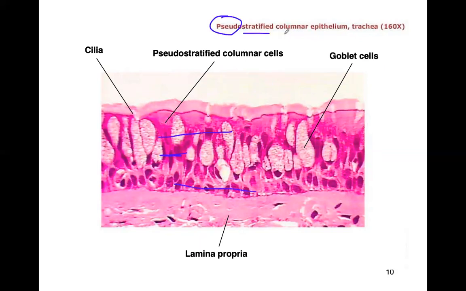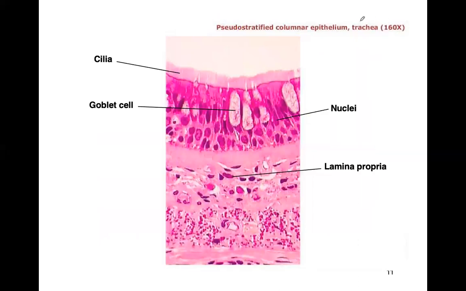So they're pseudostratified columnar, and we still have goblet cells. These are going to produce mucus, and it's going to stick to the cilia that we have up here. And those cilia are going to beat rhythmically. This is the trachea, so this is the windpipe. So sometimes even seeing and knowing where it's coming from can give you some hints when you think of function.